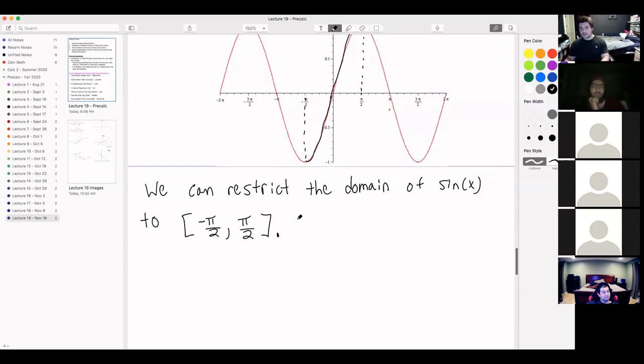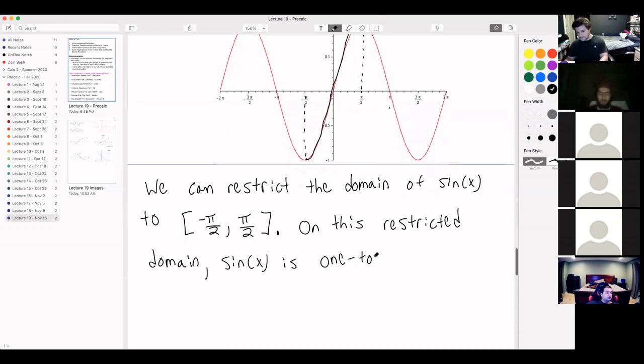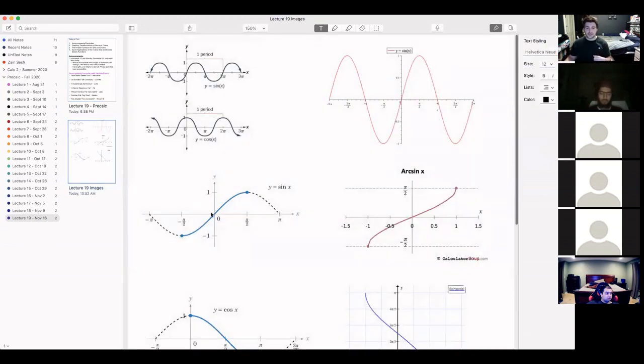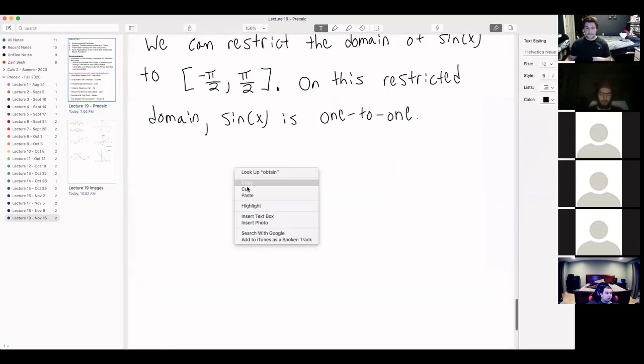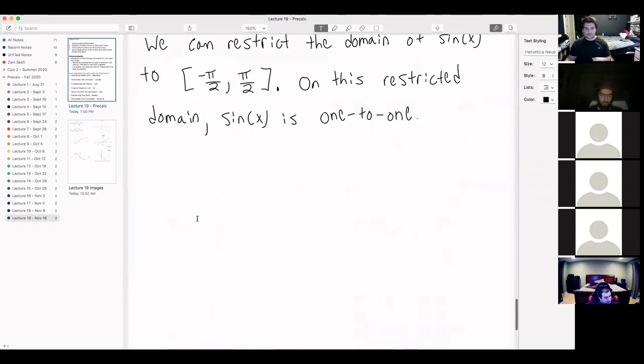And why did I do this? On this restricted domain, sine of x is one-to-one. Let's look at a picture of the graph of the restricted sine function. Okay, here it is.